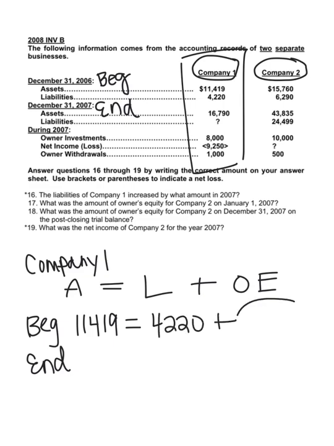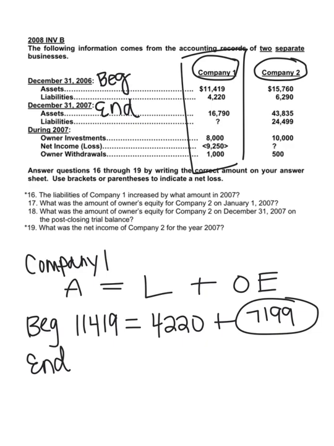So I could go ahead and figure out what my missing owner's equity would be by subtracting the liabilities from the assets. And that would give you the beginning owner's equity to equal $7,199.